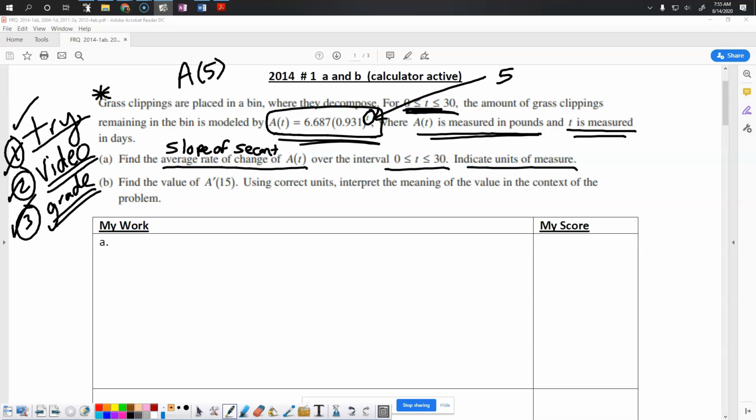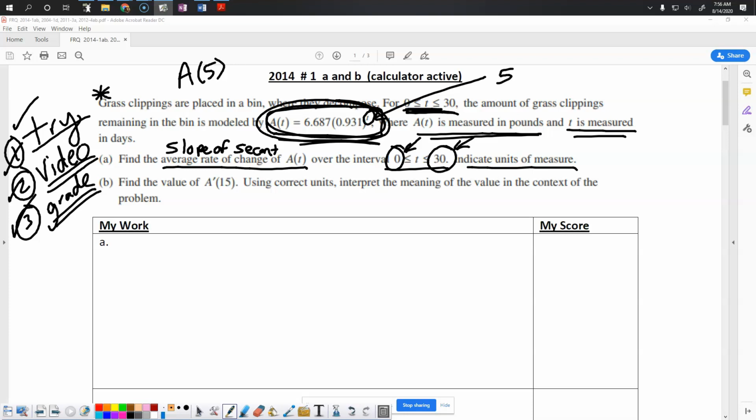Okay, and a secant line is a line that touches your curve. That's my curve, my graph, my function. It's a line that touches your curve at 2 points. What 2 points? 0 and 30. So in other words, they want to know how much grass was in the trash can at the beginning, at day 0, how much grass was in the trash can on day 30, and then we're going to calculate the slope for that.